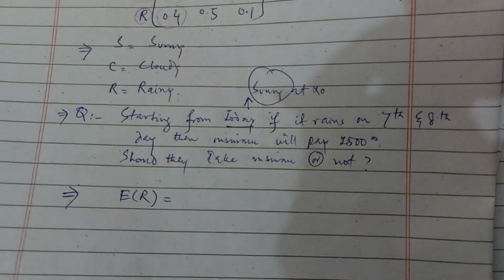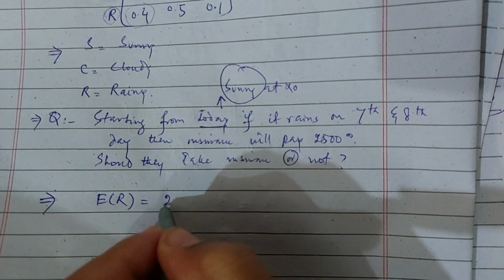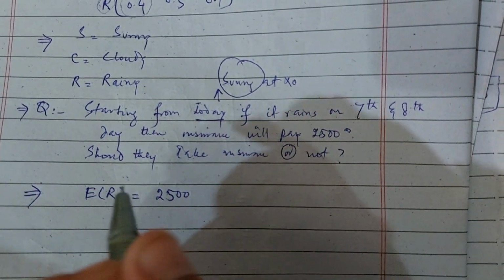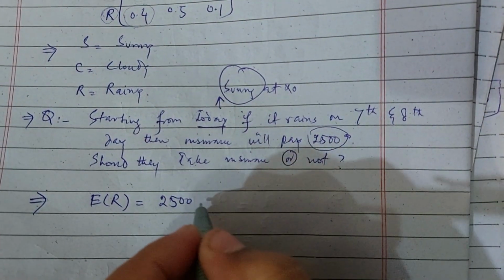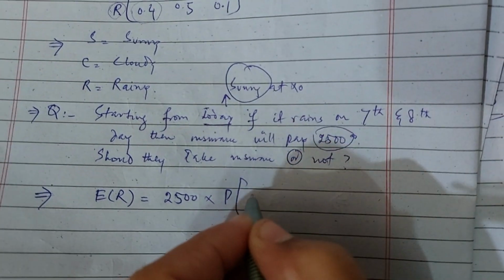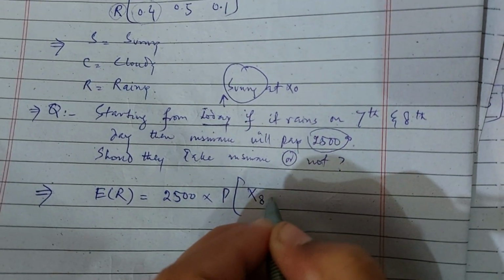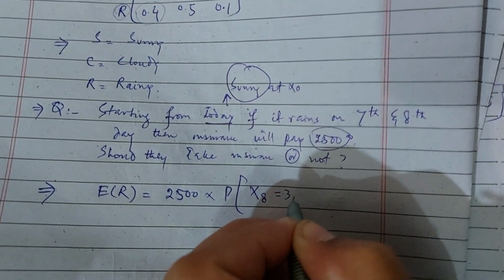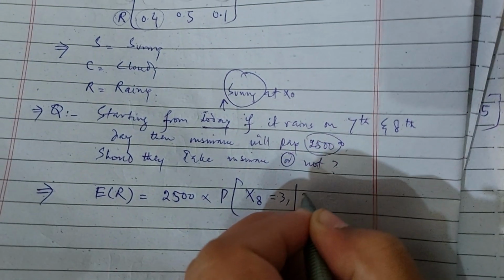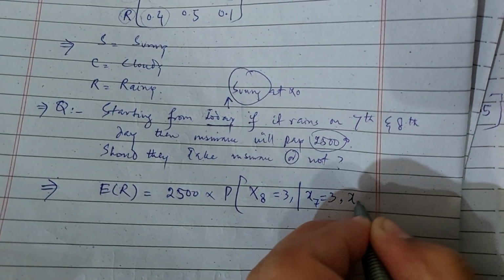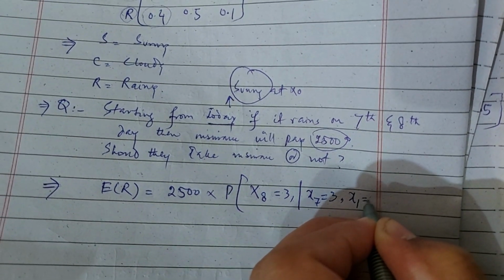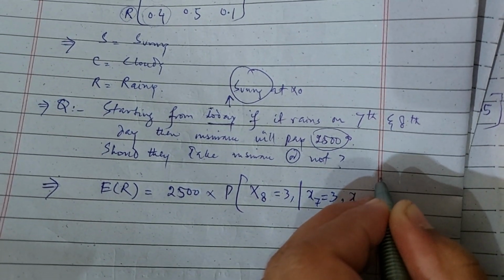The expected value, if it rains, is equal to 2,500, which is the prize money, multiplied by the probability that it rains on the 8th day, such that it rains on the 7th day and it is sunny on the first day.